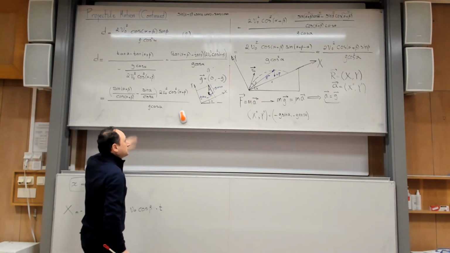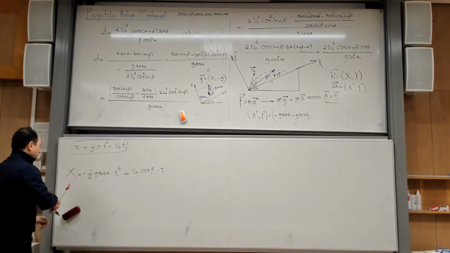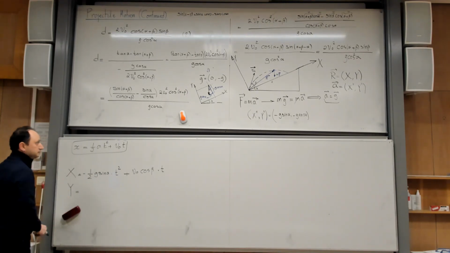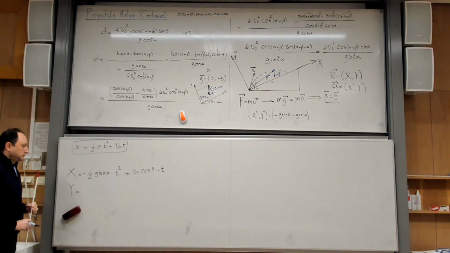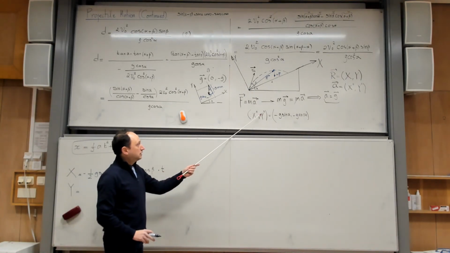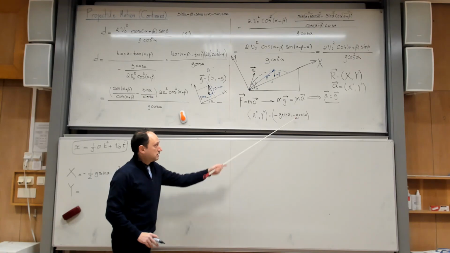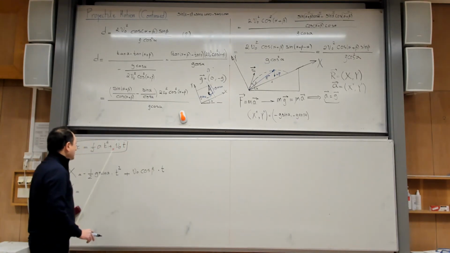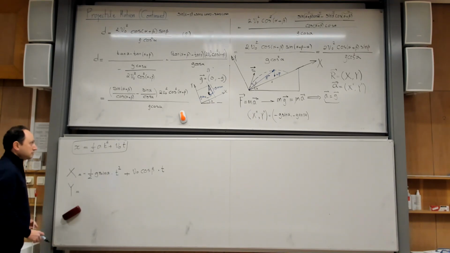So now, okay, can you tell me what should I write for capital Y if I want to write an equation for capital Y? You see, the acceleration along the y-axis is also a constant. So I can use the constant acceleration formula in physics to write the equation. So what happens?